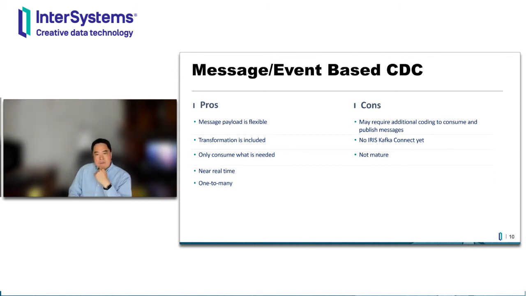The cons of the message and event-based CDC is typically, as I said, because the payload is so flexible, you must do a transformation. It's not if, it's you must. So you need additional coding to do the transformation in order to consume and publish messages, right?